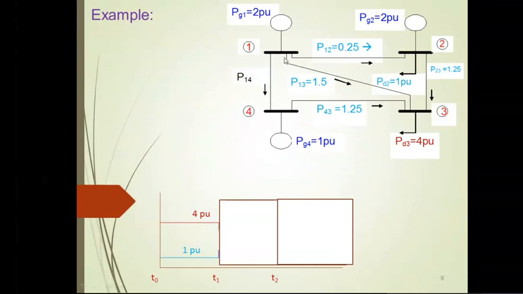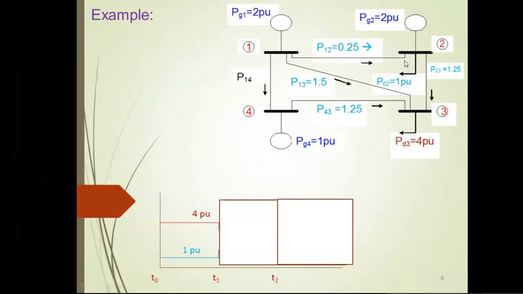These buses are interconnected, and we also find that bus number 3 has only load connected, but at bus number 2 you have both generation as well as load connected.